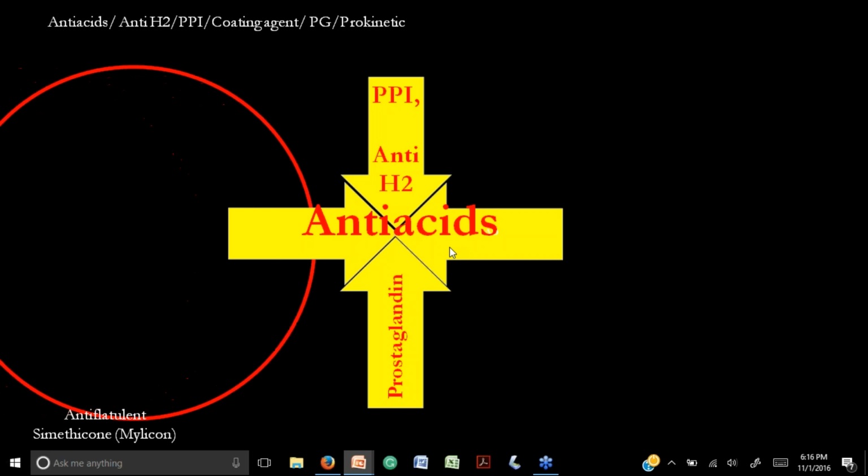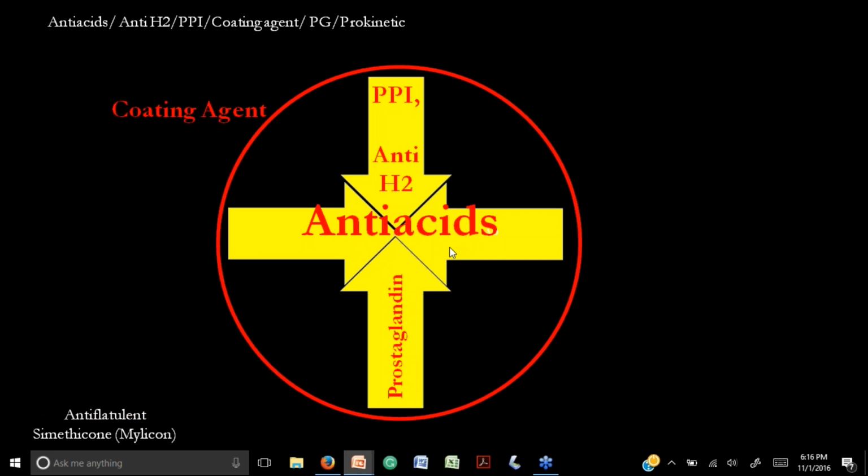Then we have the coating agents. The coating agents make a cover, and they are one of the things that can produce a rebound effect, because mostly they have calcium, in the form of calcium carbonate. Carbonate is alkaline.